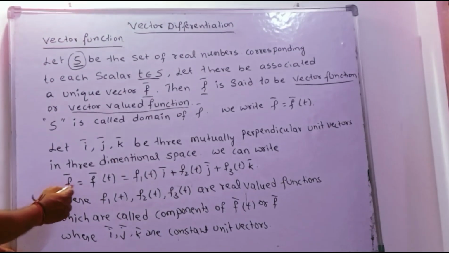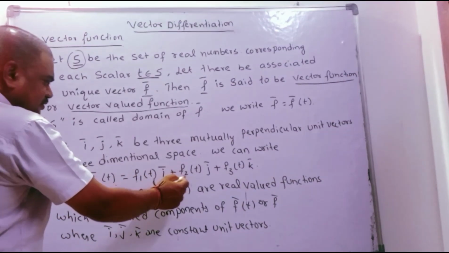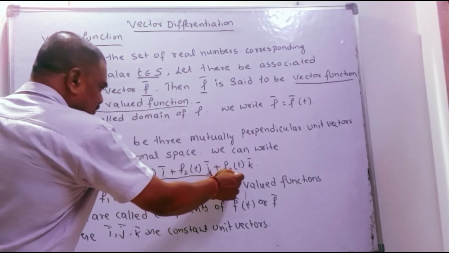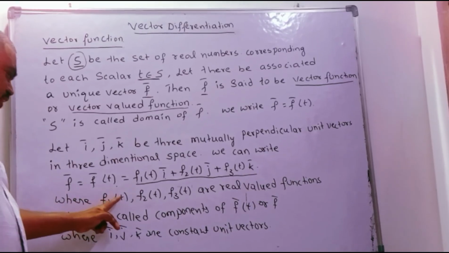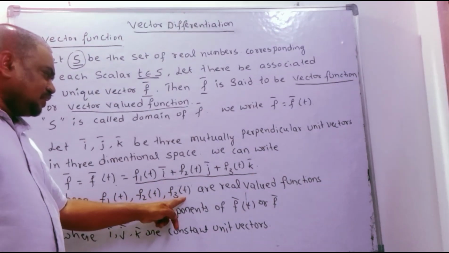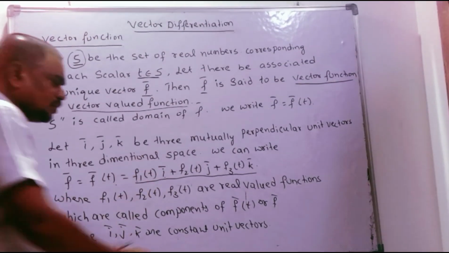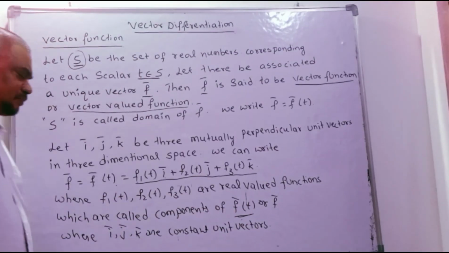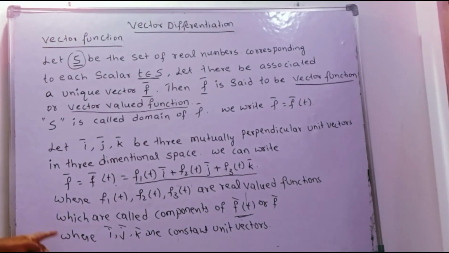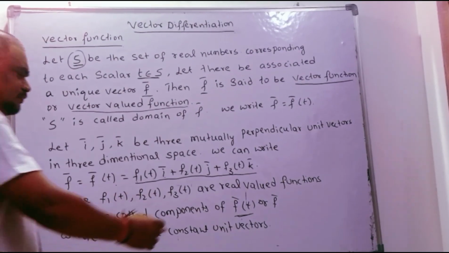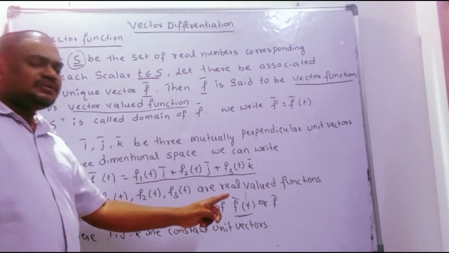We can write F bar equal to F bar of t equal to F1 of t I bar plus F2 of t J bar plus F3 of t K bar, where F1 of t, F2 of t, F3 of t are real valued functions which are called components of F bar of t or F bar, where I, J, K are constant unit vectors.